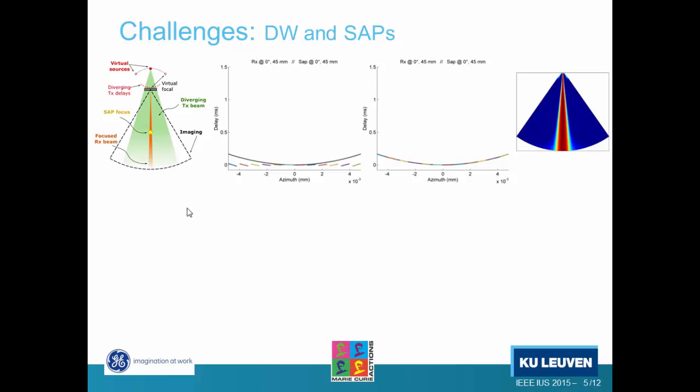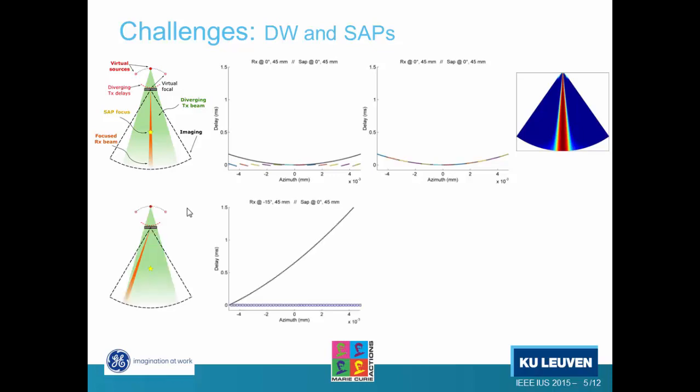Now, the challenge with diverging waves is that we want to reconstruct a variety of receive lines which have very different orientations. So in this case, we also want to reconstruct this line in orange. And so again, we start with a system, lots of elements. We pre-steer them. But now we have to remember that this is the same transmit event, and that's the purpose, that we reconstruct multiple lines from the same event.